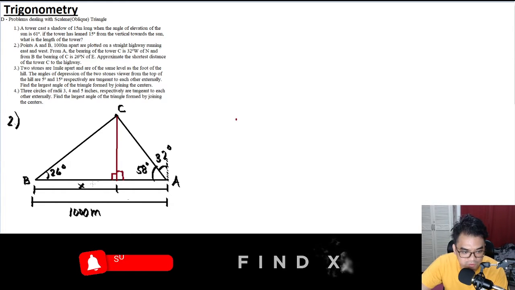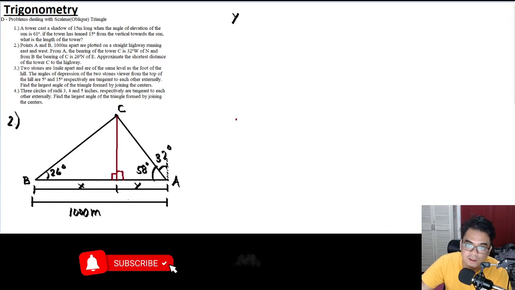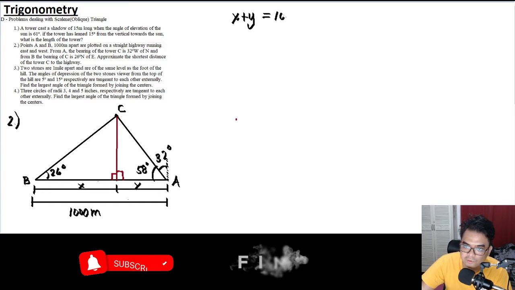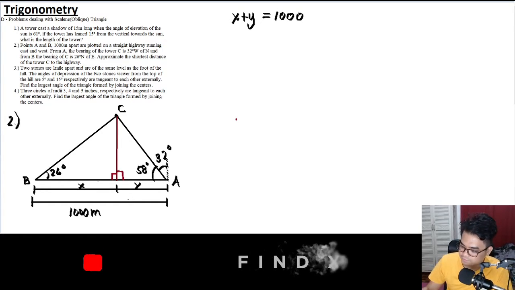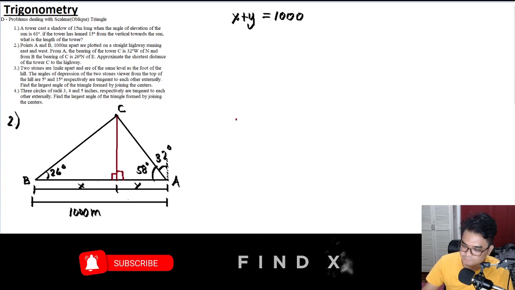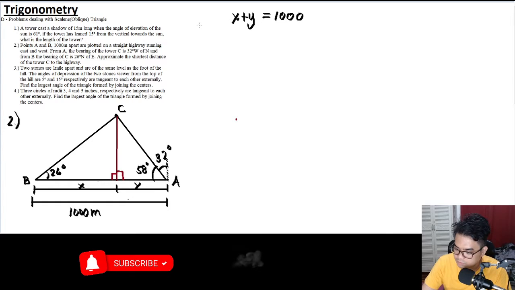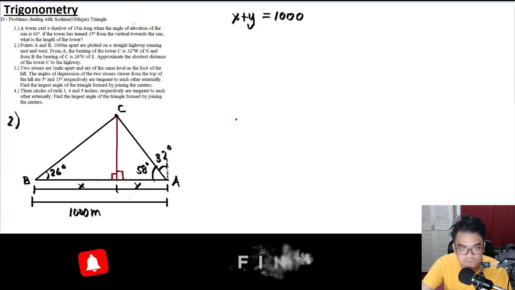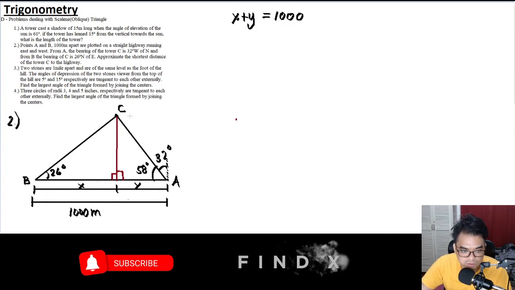So let's say that this is x and then this is y. Therefore we can say that x plus y is equal to 1000. Now, I'll just introduce another variable here, that is h. Okay, this line will be h.